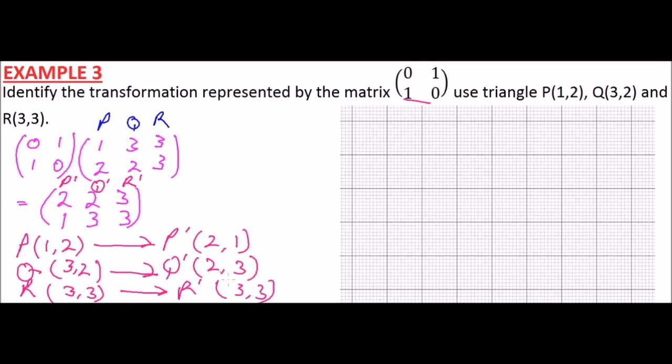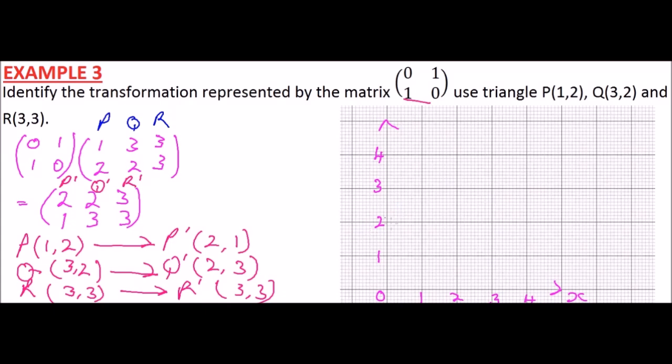Because all the values are positive, we just make use of the left bottom corner. So we have 1, 2, 3, 4. Remember always to label your axes. So here we have the y-axis, 1, 2, 3, 4, 5.